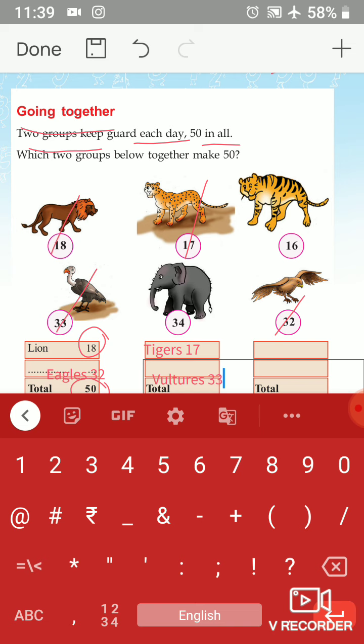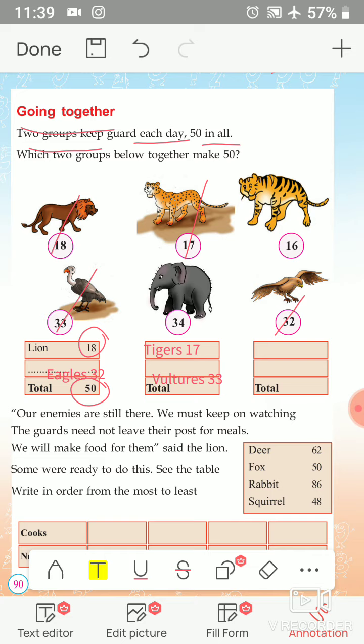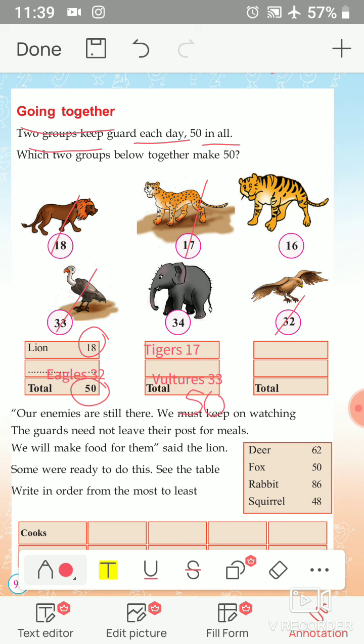Look at this ones place number, 7 plus 3 is 10. That way we can understand 17 plus 33 is 50. If you have any doubt, you can add 17 plus 33. Okay. Then total is 50. Then another group.